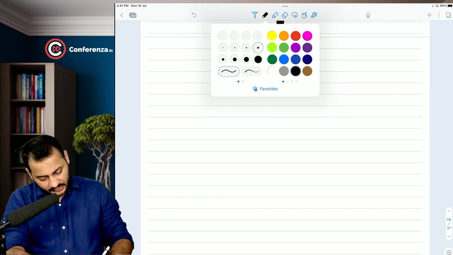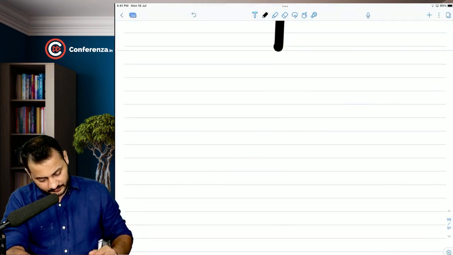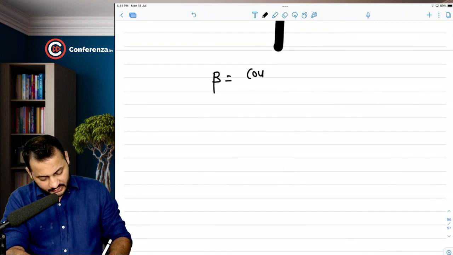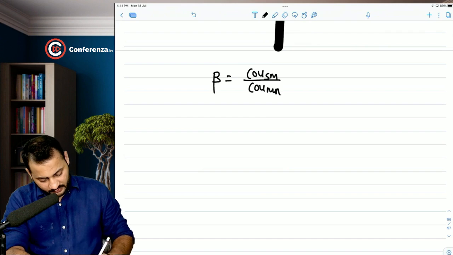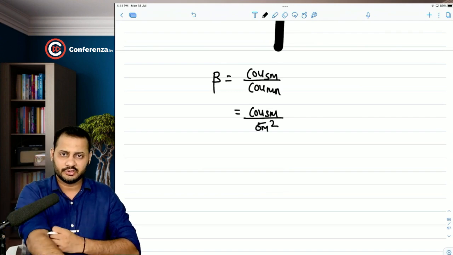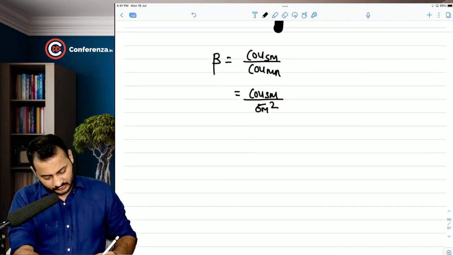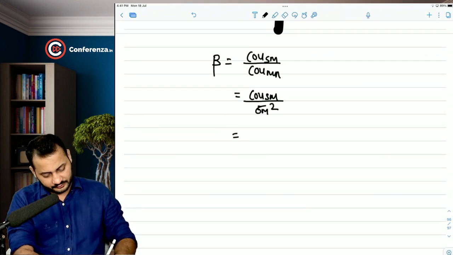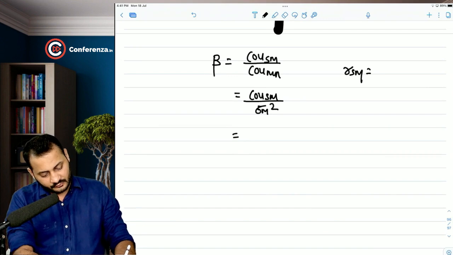So the basic formula that I started with was like this. Beta is equal to covariance of stock with market divided by covariance of market with market. Then covariance of stock with market divided by standard deviation of M square. Am I right? Covariance of market with market. Then covariance of SM. If you remember, the correlation coefficient formula was like this.